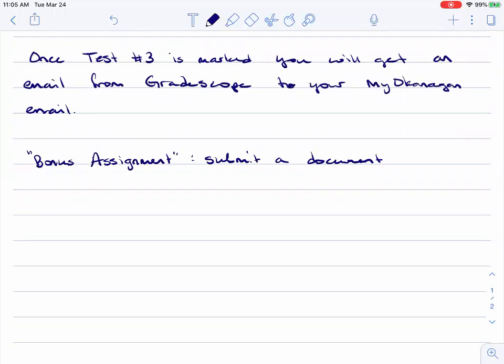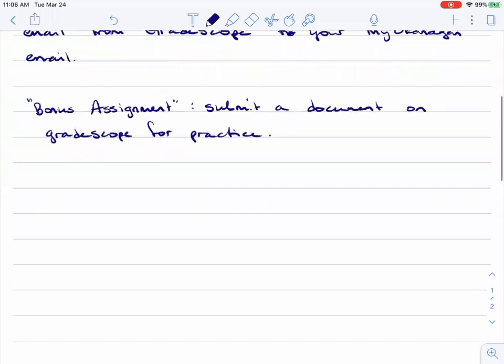So submit a document on Gradescope for practice. And then we will use Gradescope for test 4 and the final.